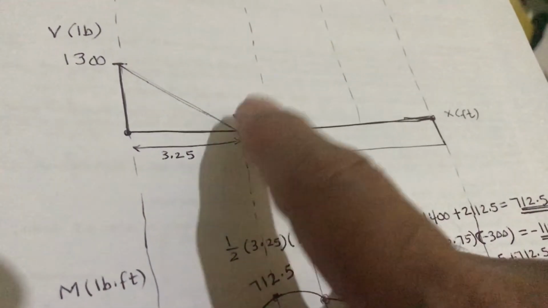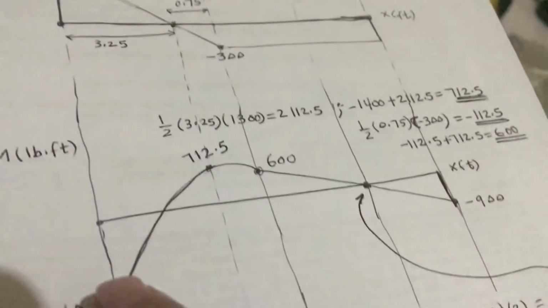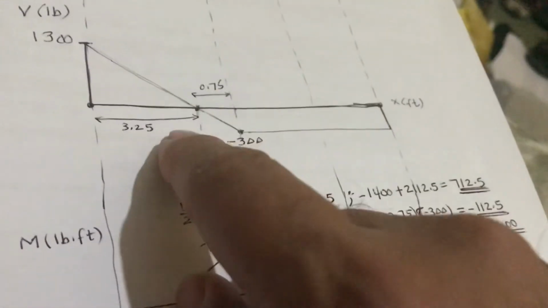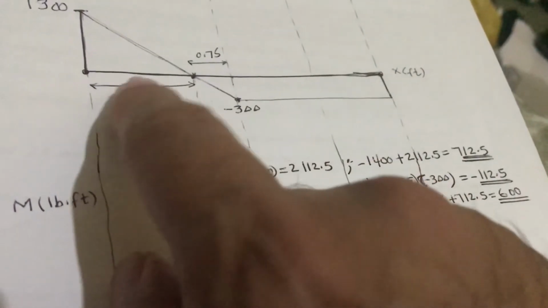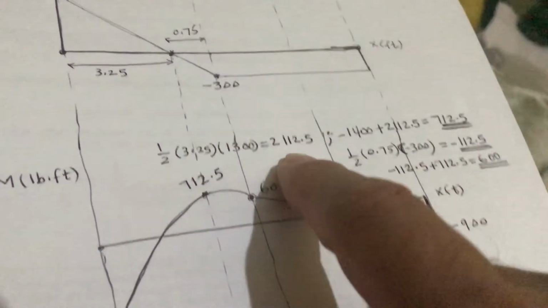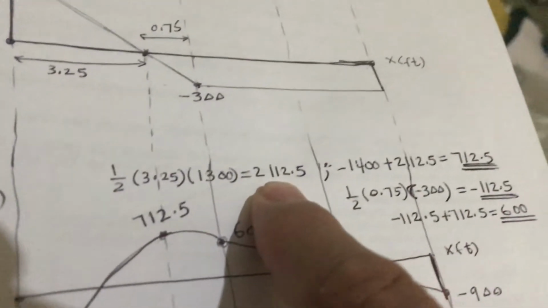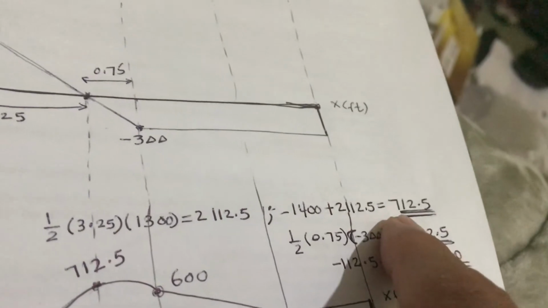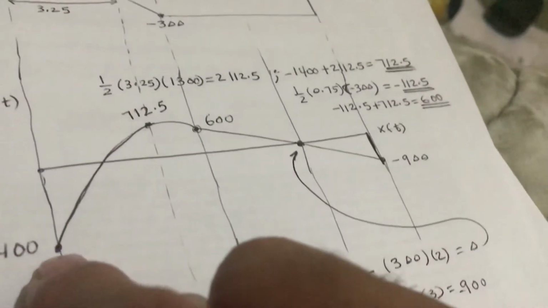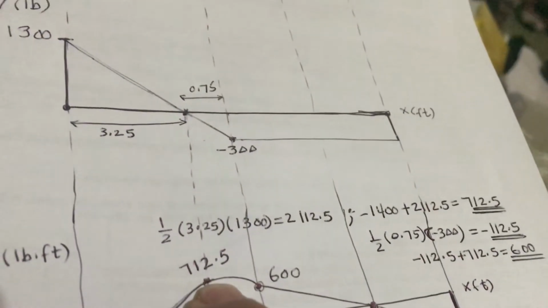When shear is 0, maximum moment. So minus 1,400 plus the area under this curve to find the moment at this point. The area under this curve, we found it, 2,112.5. So minus 1,400 plus 2,112.5 equals 712.5. This is the moment at this point. So you go concave down, that's not linear, 712.5.